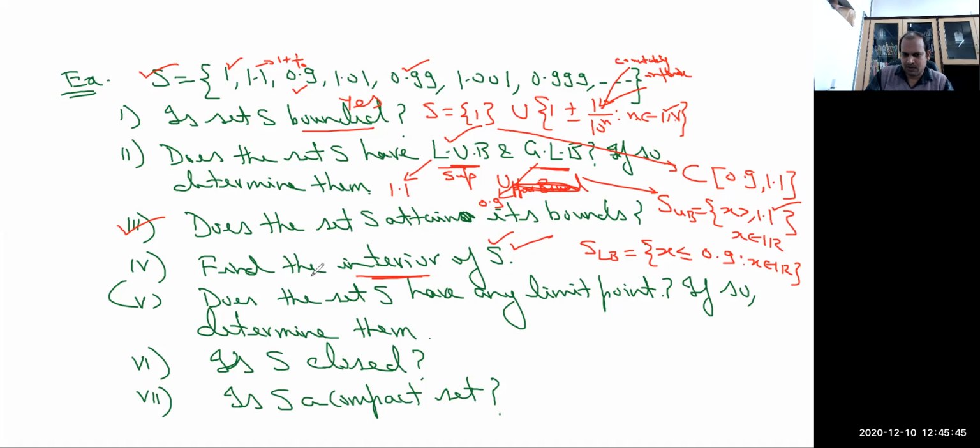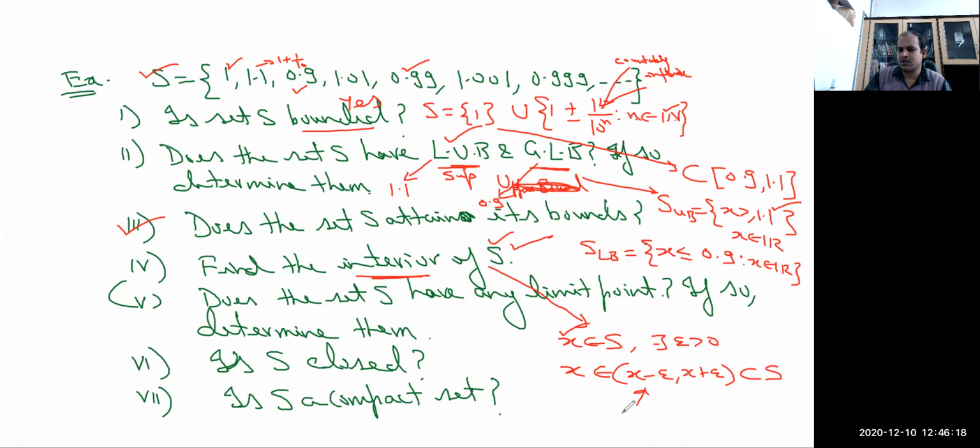So the question is: find the interior points of set S. Suppose there is some x belonging to the set which is an interior point. Then around it we must have an interval (x minus epsilon, x plus epsilon), there exists some epsilon greater than 0, such that this interval sits inside the set S. But what is happening here?